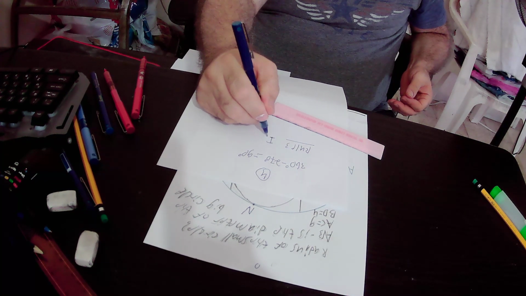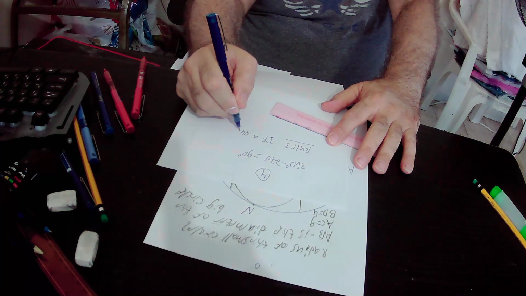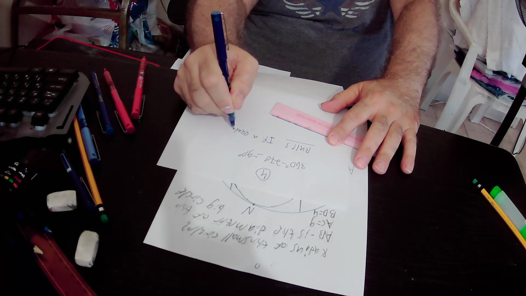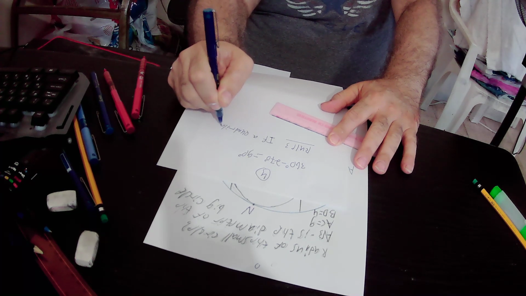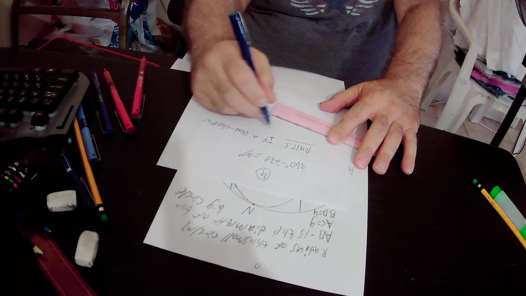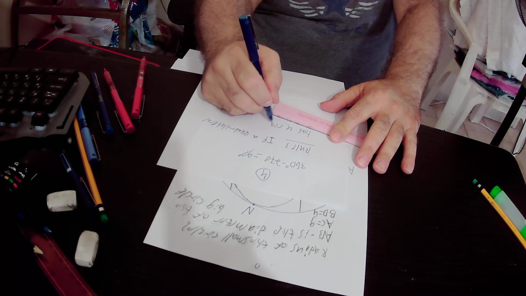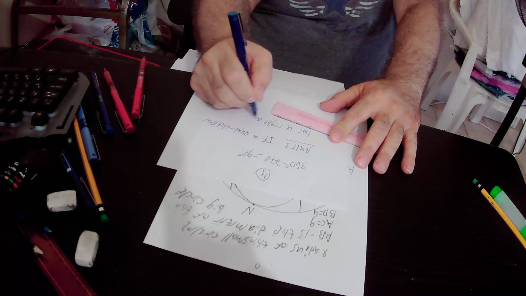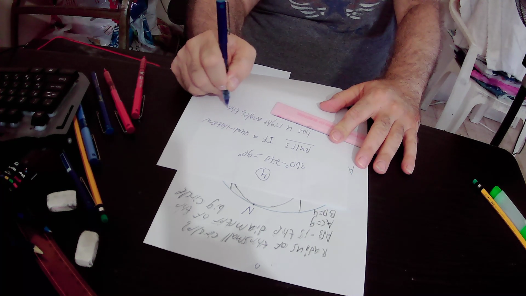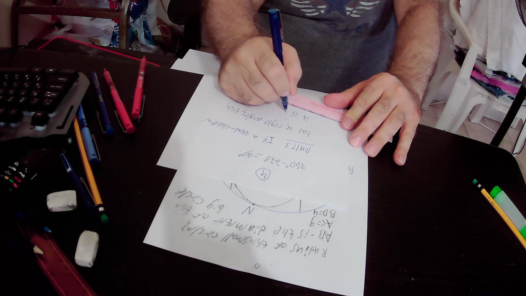Rule number 3 states that if a quadrilateral has four right angles, then it is a rectangle.